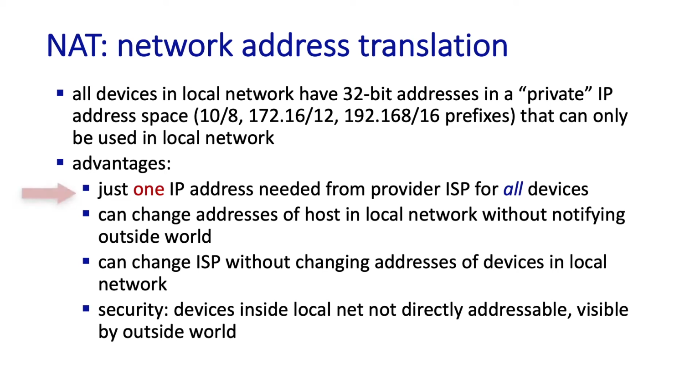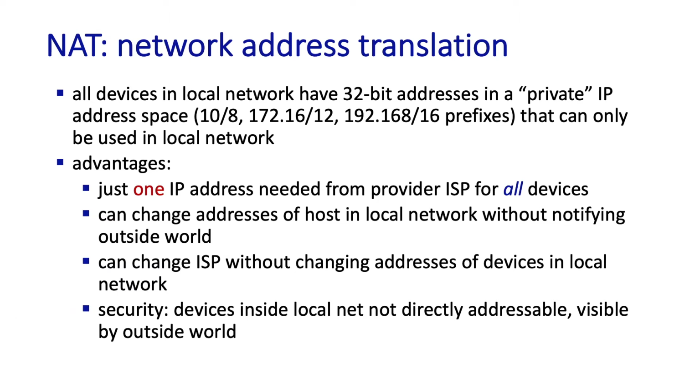There will only be a single, same 32-bit source IP address that will be used for all datagrams coming from all hosts behind the NAT router. One can change the addresses of hosts within the local network without having to notify the outside world, since they're all drawn from this private address range. The network can change ISPs without having to change addresses of devices in the local area network. And there are security benefits as well. Devices inside the local network are not directly addressable by or visible to the outside world.